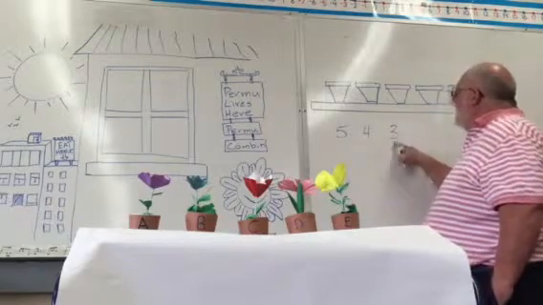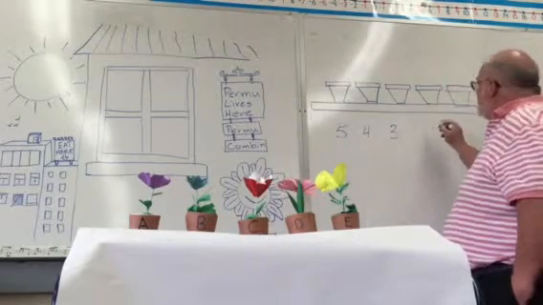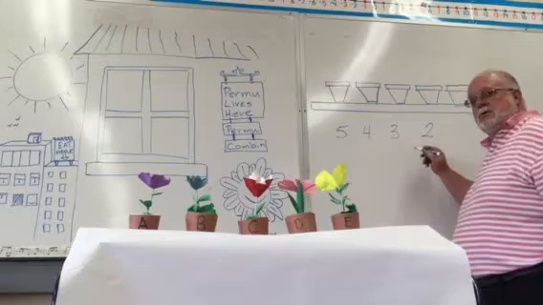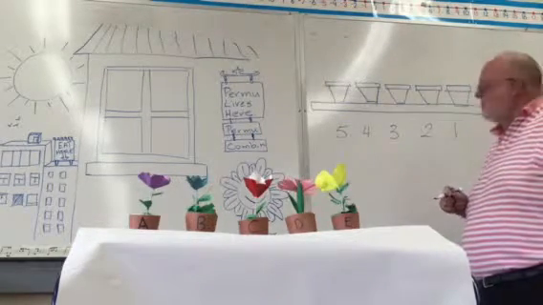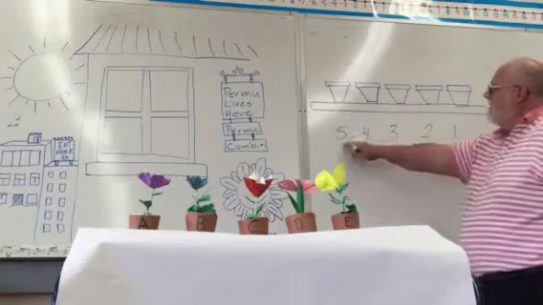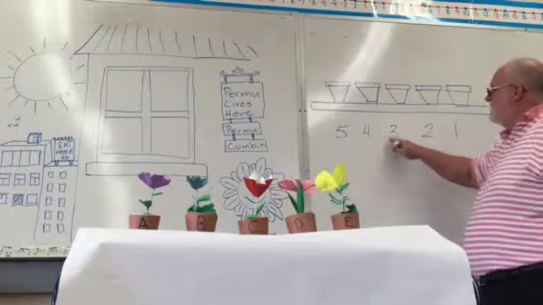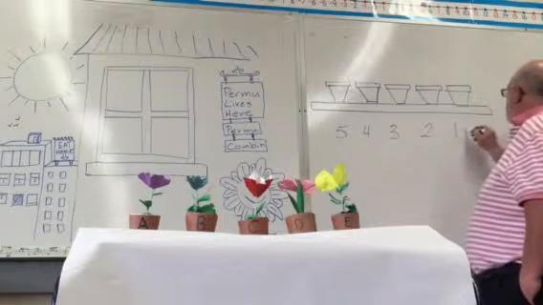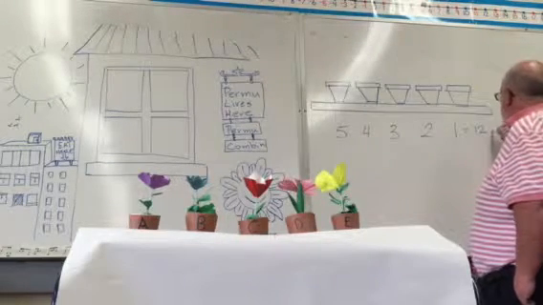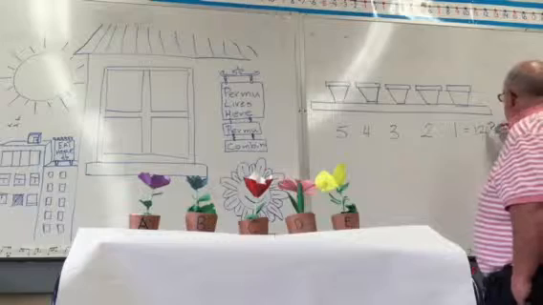And the third pot had 3 possibilities, and the fourth pot had 2, and the 5th pot had 1. And we said that this became 5 times 4, 20, times 3, 60, times 2, 120, times 1, 120 permutations.